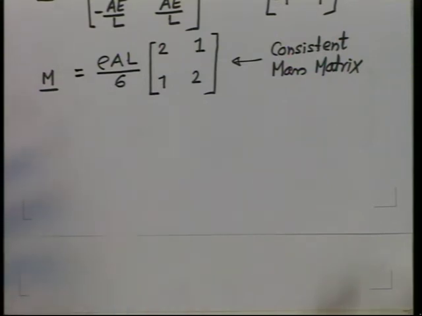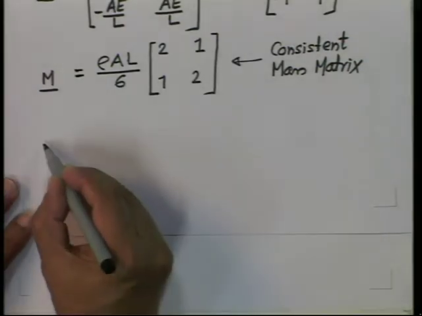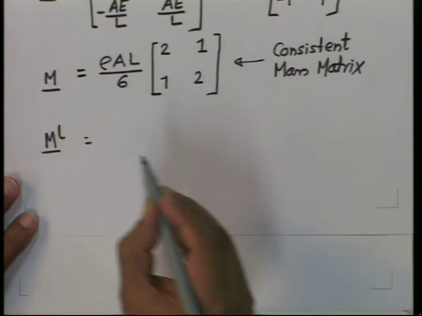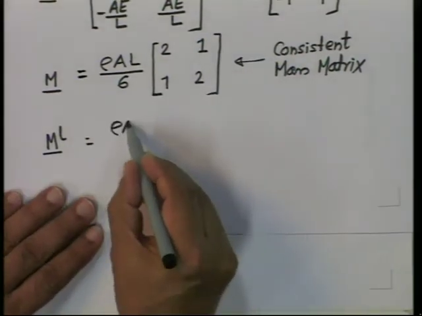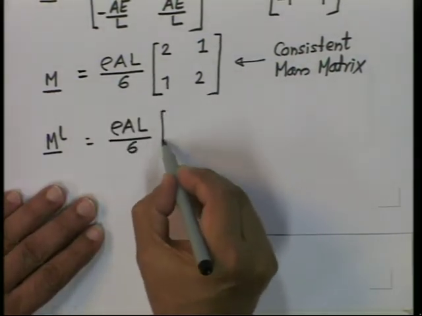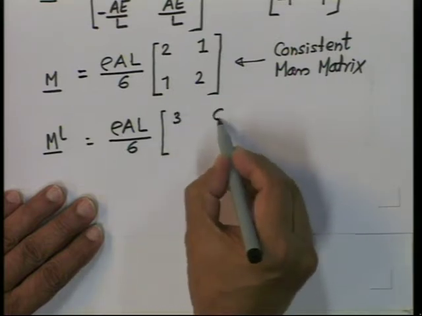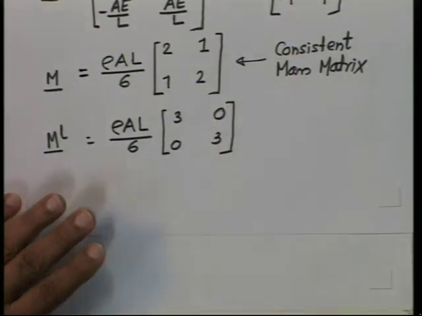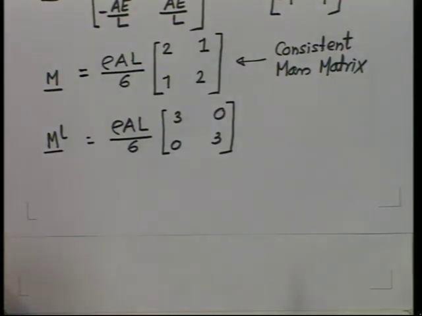So, they wanted a diagonal matrix. I told you, for example, row sum. If you want lumped mass, the row sum will be 3, 0, 0, 3. Here both the degrees of freedom have the same dimension, so there is no problem.